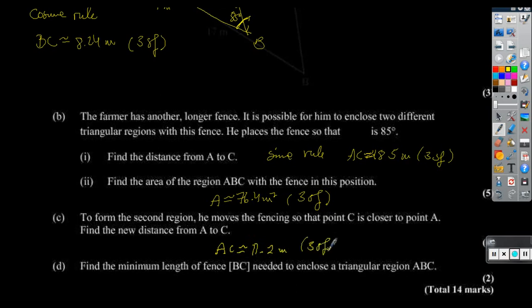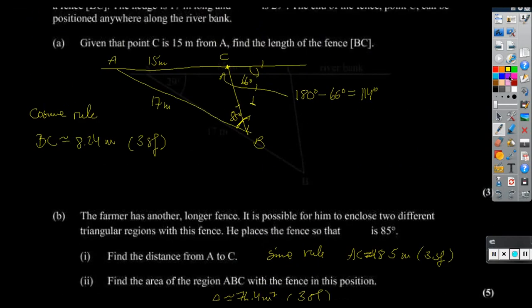3 significant figures. And here, for the minimum length, what you're looking for is clearly that this line from point B to the river is as short as possible. That would be a line that is perpendicular to the river.